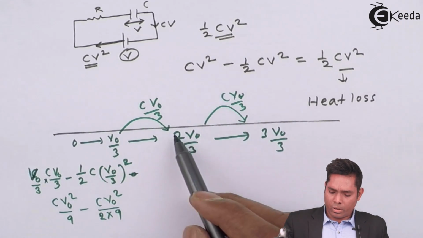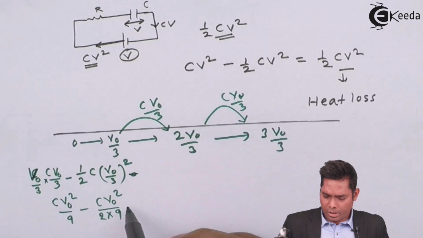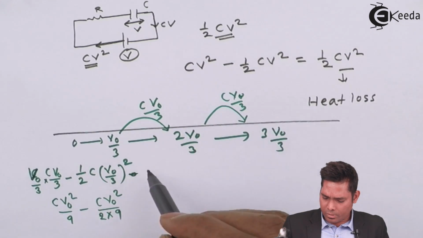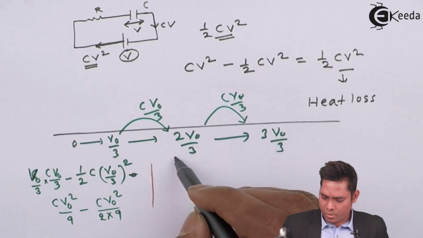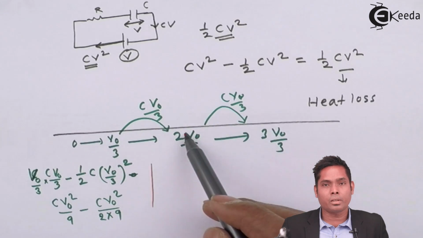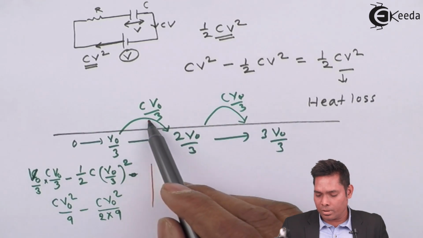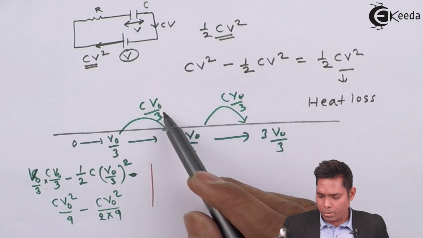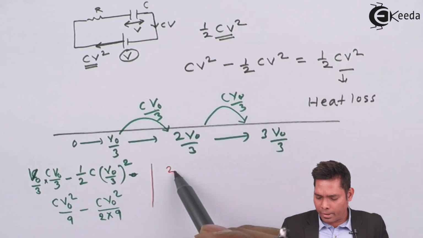So this is the battery voltage. How much charge is transferred? This is the charge transferred. The multiplication of these two is the work done by the battery. This multiplication gives you 2 by 9.